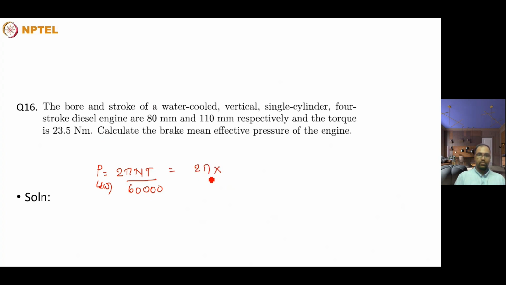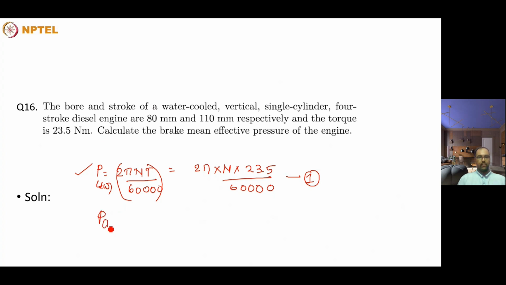So it will be 2 pi into N, which we do not know, and torque is 23.5, divided by 60,000. This is the first formula, from the torque. The same brake power can be expressed in terms of the brake mean effective pressure.